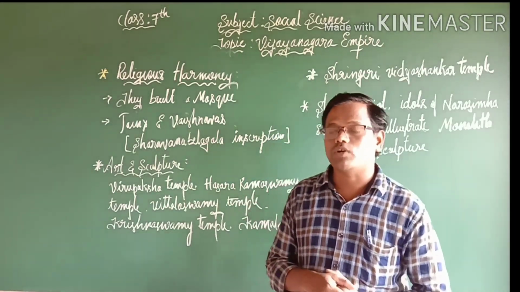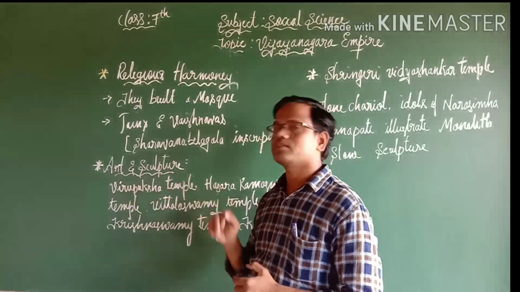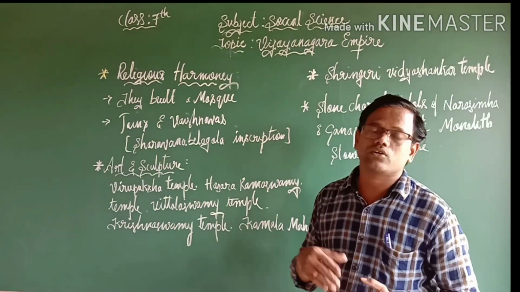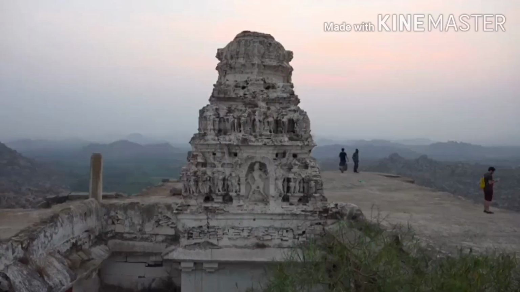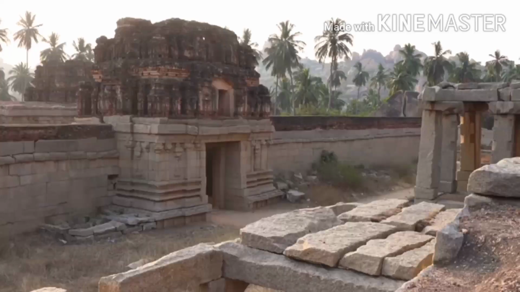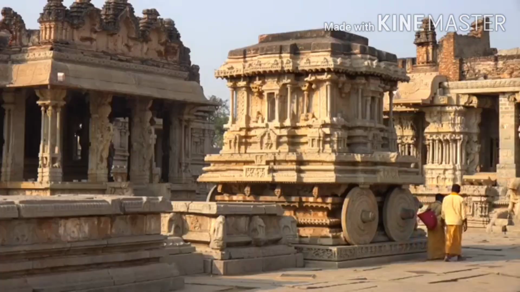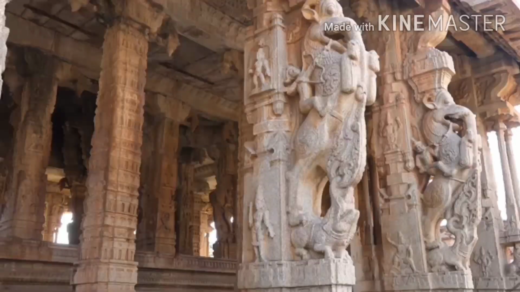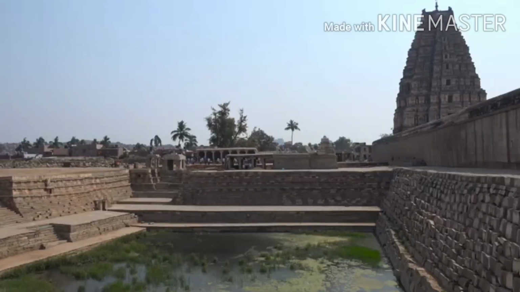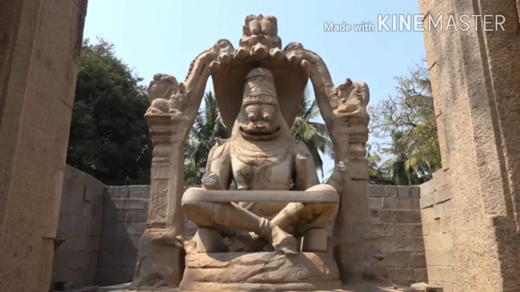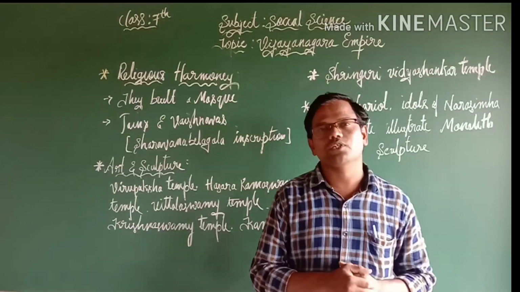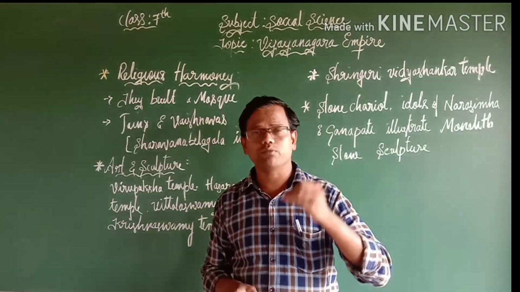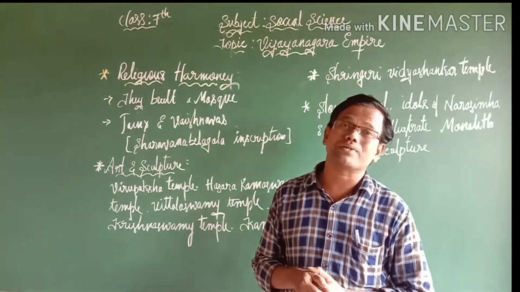Let us discuss the contributions to art and sculpture. The Vijayanagara kings gave more contribution in the field of art and sculpture also. During the period of Vijayanagara dynasty, there was one very important visitor, Percy Brown.